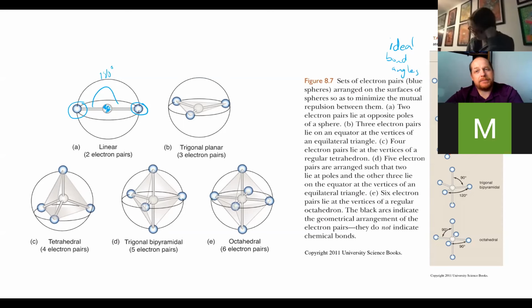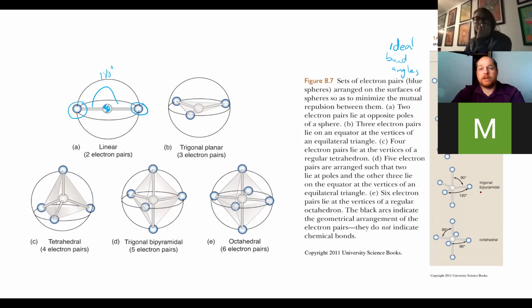When you think about the orientation of the bonds in a tetrahedral shape, you have the central atom and four surrounding atoms spaced as far away from each other as they can possibly get on a sphere. Without going into all the math of it, what you need to know, and this is the one weird bond angle, is this 109.5 degree bond angle as the ideal bond angle for something tetrahedral.